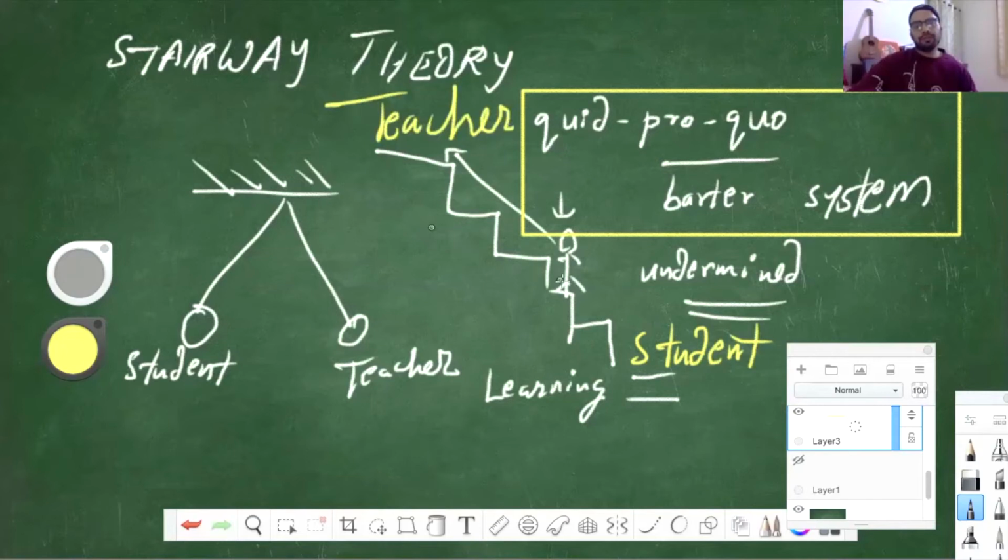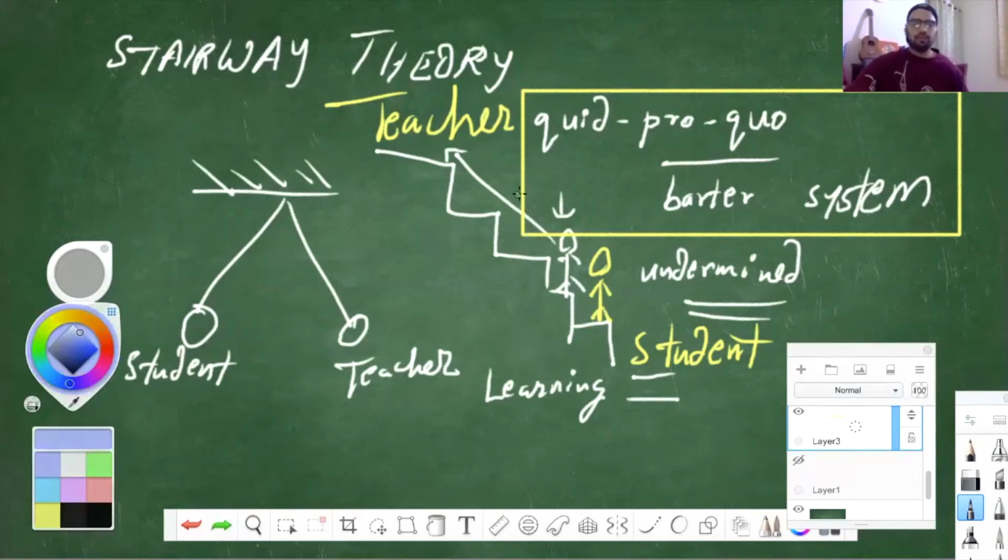If you are at a middle stair, you are neither fully a student nor fully a teacher.